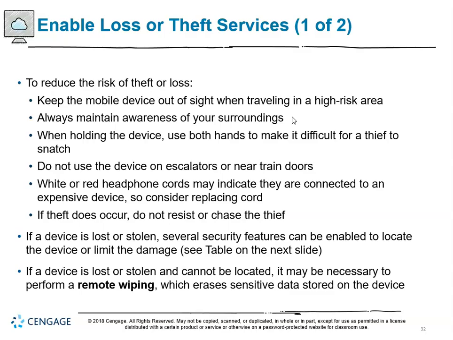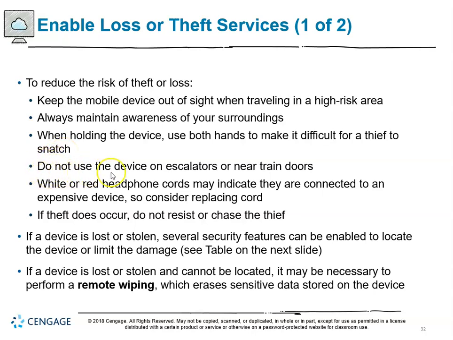So a subway car is a particularly vulnerable location, because all the thief has to do, as they're making their way out, is grab it and run, and then the subway car doors close and you're out of luck. So when holding the device, you should use both hands to make it difficult for that snatching to happen.